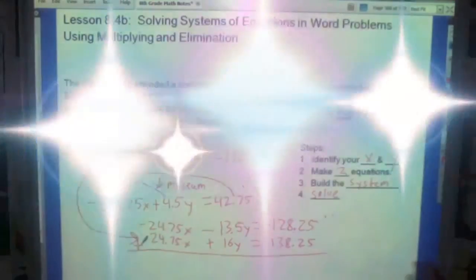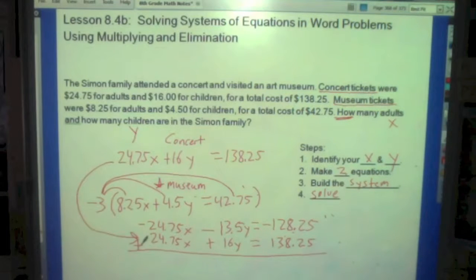All right, so if we add that, our x's cancel out. That's exactly what we wanted. Our y's are going to come out to 2.5.